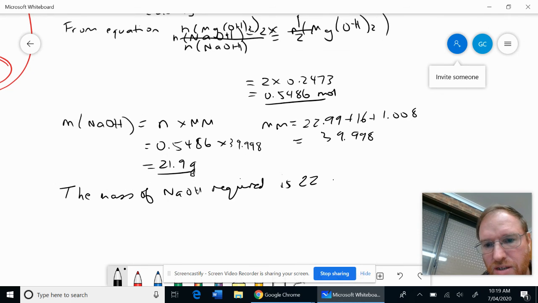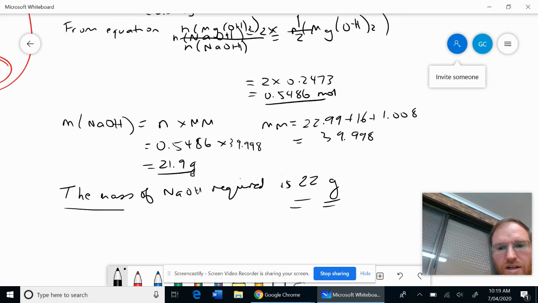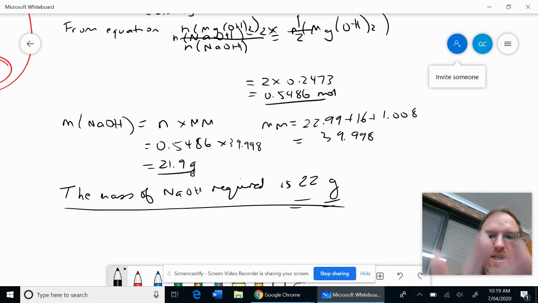So I would say 22 grams. I've got units, I've got the right number of significant figures, and there's my answer. And it's okay that it's not perfectly neat. That's not a problem at all, as long as it's clearly laid out.